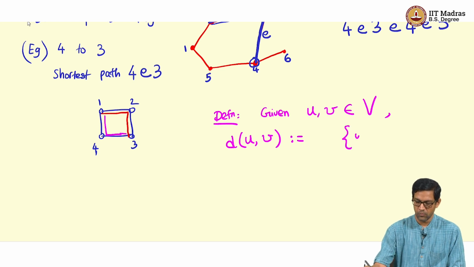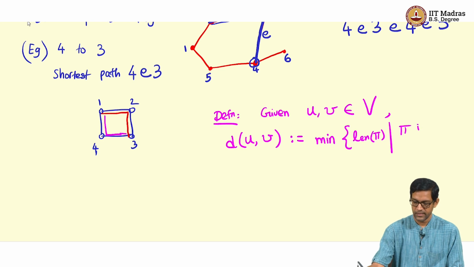You take all walks, and it is the minimum of the length of pi, where pi is a walk in the graph connecting u and v.